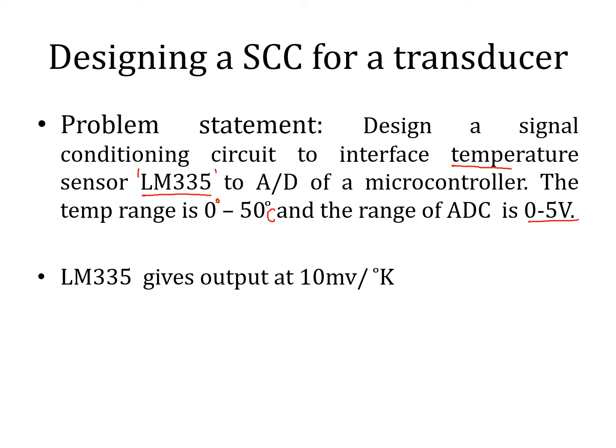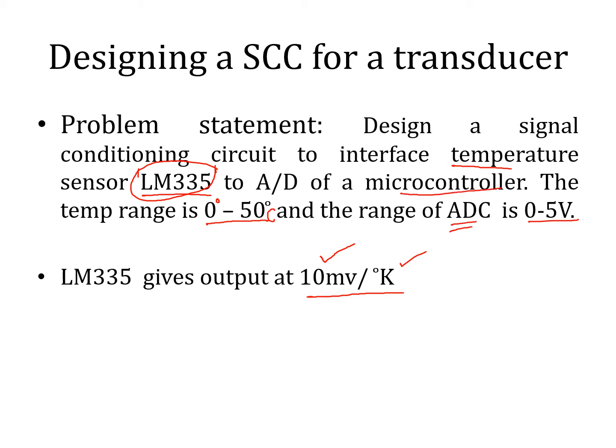Now from the data sheet of LM335, we know that LM335 gives us 10 millivolt for an increment of 1 degree in Kelvin. However, for designing purposes, the range is given in centigrade, that is 0 degree centigrade to 50 degree centigrade. So we have to design a signal conditioning circuit such that we are able to interface the sensor LM335 with the microcontroller through the ADC.